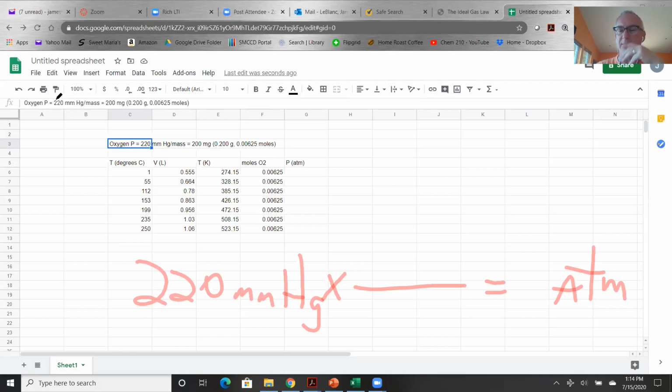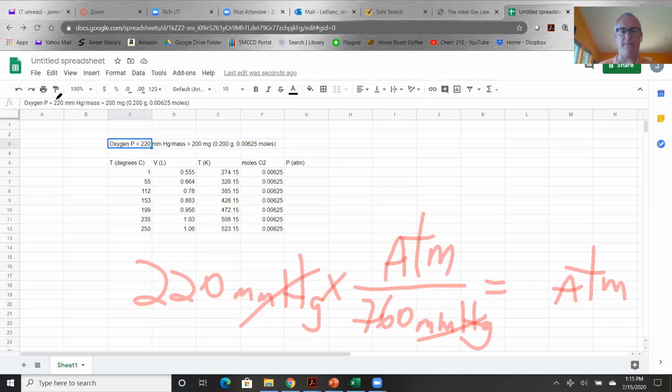That's right. So how am I going to do my conversion? What do I put on the top or on the bottom? You put what you want at the top, so ATM goes on the top, 760 on the bottom. So you would divide 220 by 760.